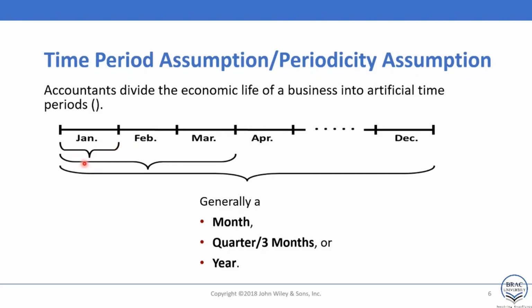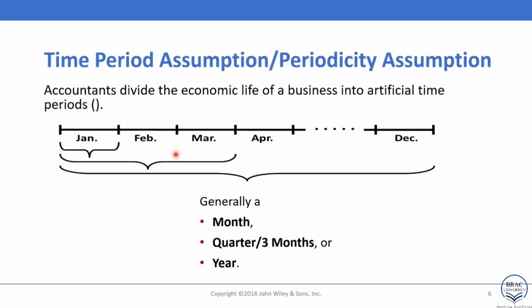And the same goes for the second business, right? The second business restarts their accounting process. We will talk about the process in detail, don't worry about that. They restart their accounting process after every 3 months, and after every 3 months they prepare their financial statements. They prepare the income statement, owner's equity statement, and balance sheet after 3 months.